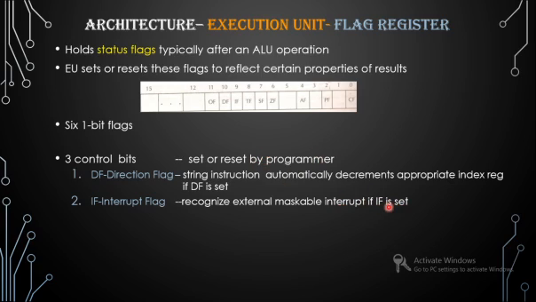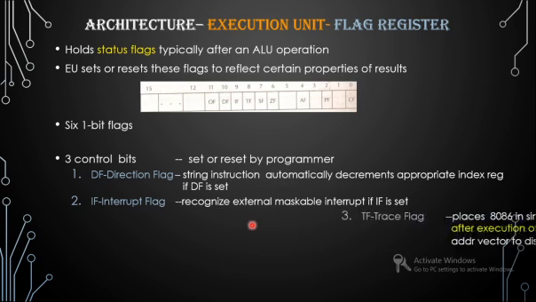If the programmer sets the interrupt flag, the 8086 system can recognize the interrupt. Otherwise it won't recognize this interrupt. Even if it comes, it won't be recognized if it is reset.